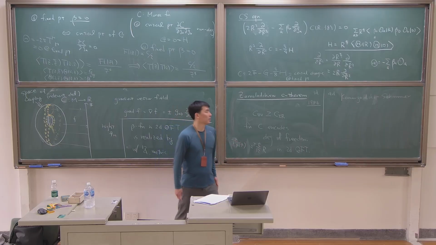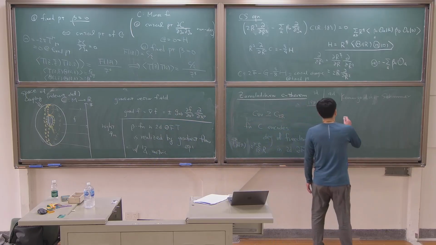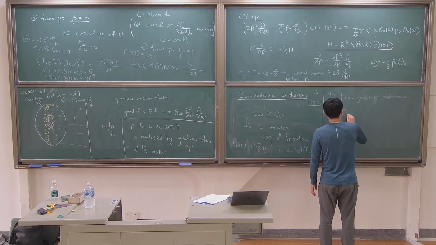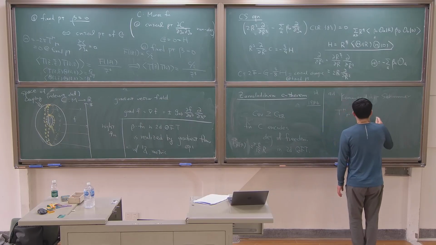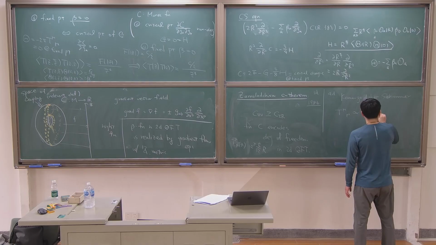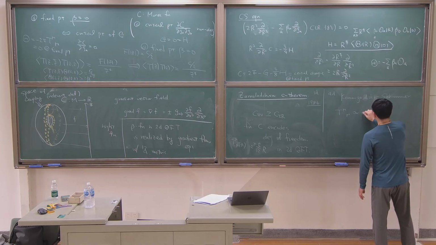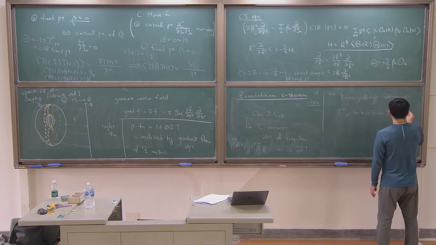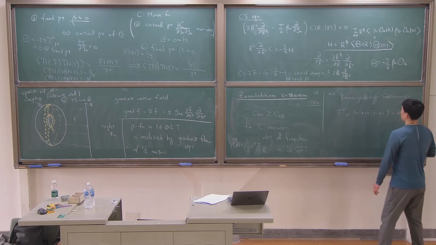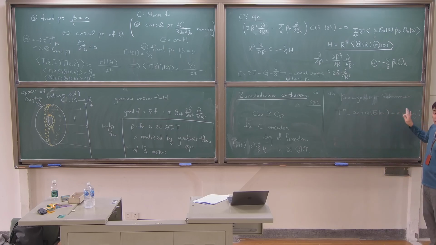So this is called the Weyl anomaly. And in 4D, we can do a similar thing. So T mu mu is proportional to A times the Euler density, and then some number, I don't remember, plus some number times C times the Weyl tensor squared, like this. So there are two central charges that appear in 4D.